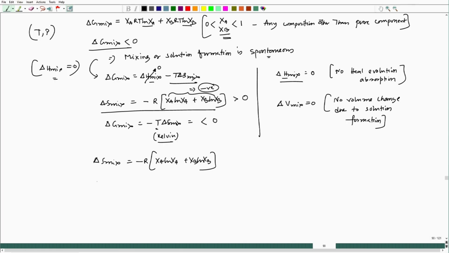We know that entropy S is expressed as k ln omega, where k is the Boltzmann constant, and omega is the distribution, and this is interesting, the distinguishable distribution.